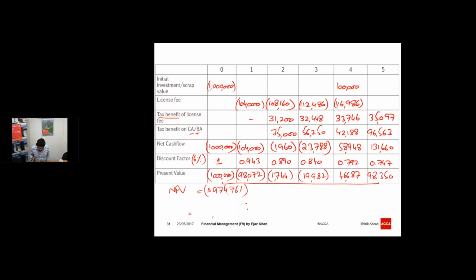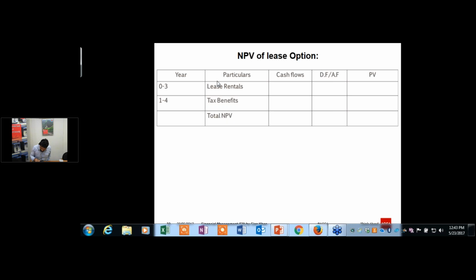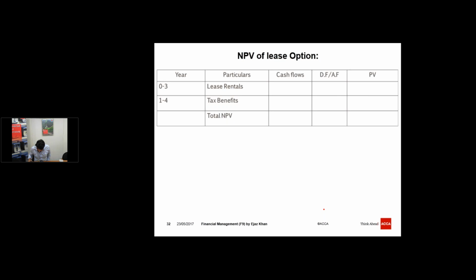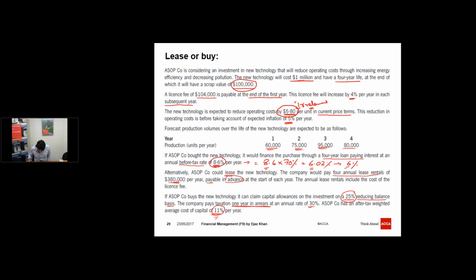Okay, let's move towards the leasing option now. It's very easy to calculate the leasing option because we can use the annuity factor here. Lease rentals, how much lease rental were we supposed to pay every year? Can anybody tell me?